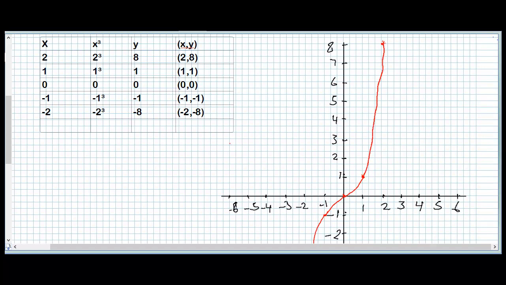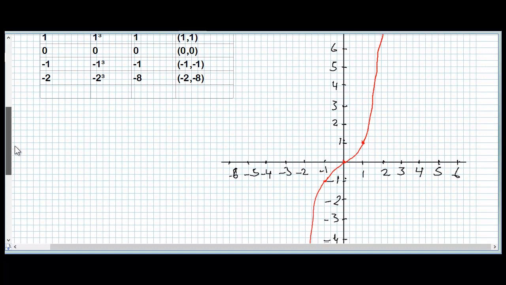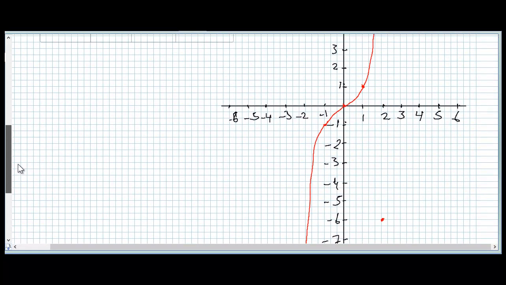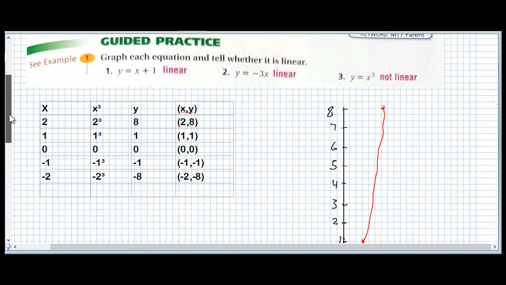So here we have this one, it's not a linear equation.